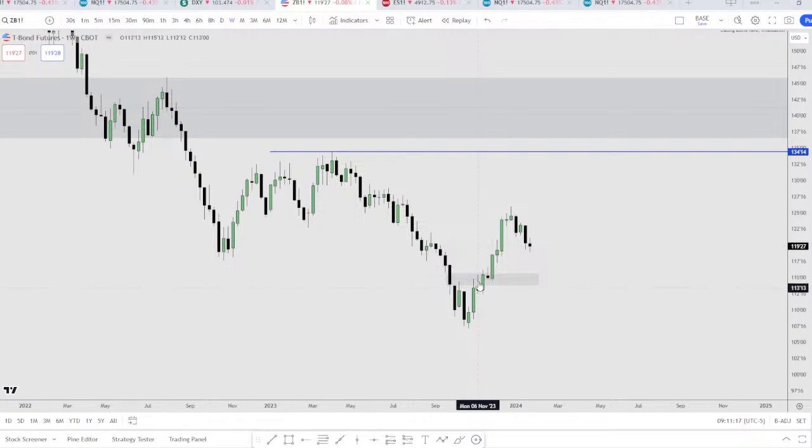This order block should be a form of a strong support, and it's within the OTE range as well. Yep, OTE. So expecting it to come down to these levels here and then reverse higher. That's for the bonds.